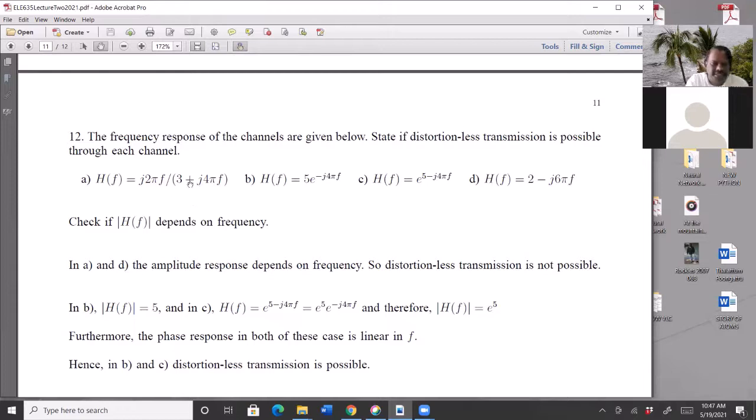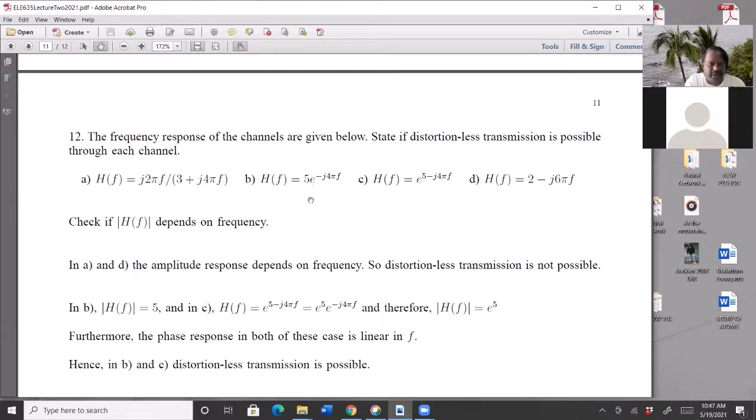So this is not going to allow distortionless transmission. This is out. If you look at the last one, the magnitude is the square root of 4 plus 36 pi squared f squared. Again it depends on the frequency. So these two are out.